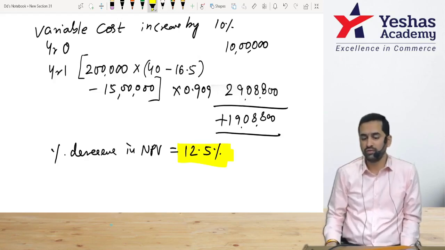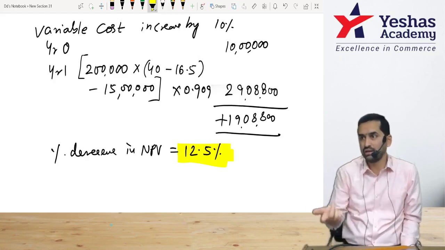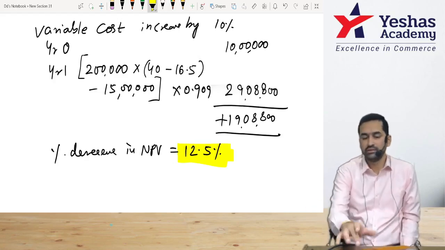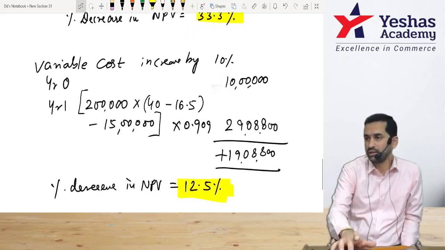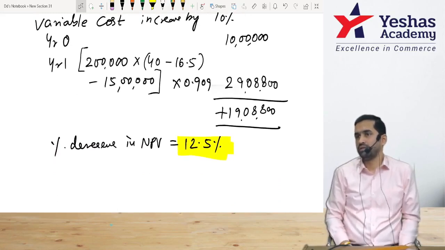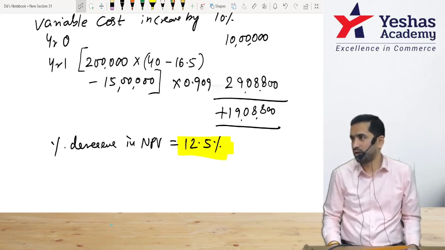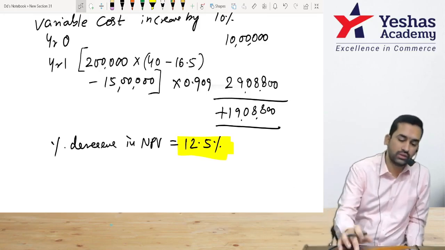You know your NPV will fall by 12.5% only. But if you start giving discount to your customers, then it will fall by 33.33%. That means you're not much worried when there is inflation in your cost. You are worried, it is falling, but not as much as giving discount. Yes, you try now.